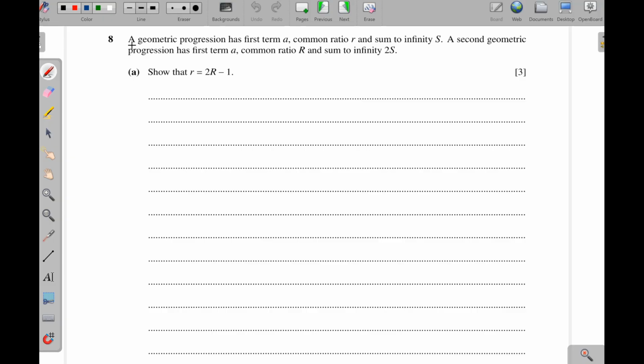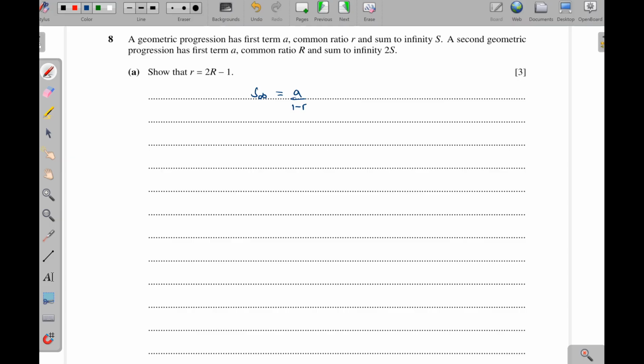Question 8. A geometric progression has the first term a, the common ratio r, and the sum to infinity s. A second geometric progression has first term a, common ratio capital R, and sum to infinity 2s. Now we know that sum to infinity is given by a out of 1 minus what? r.